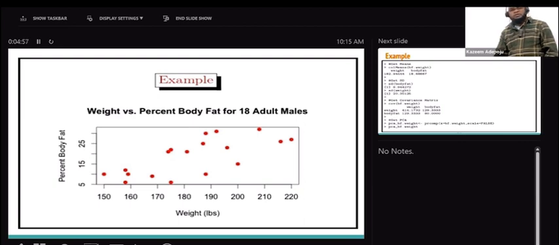Okay, now let me tell you this. What they have in common is that both covariance and correlation indicate the direction of the relationship.